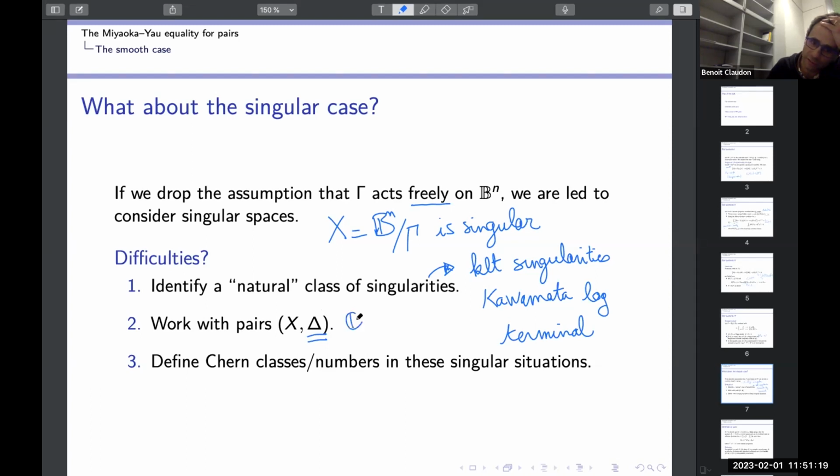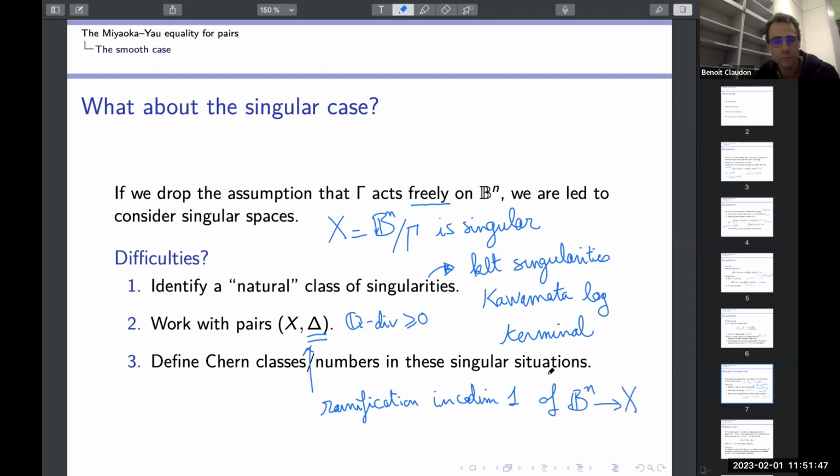Here delta is an effective Q-divisor, and this delta encodes the ramification in codimension 1 of the natural projection from Bn to X. Of course, in order to get an exact analog, we have to define Chern classes, or at least Chern numbers, in this singular situation.